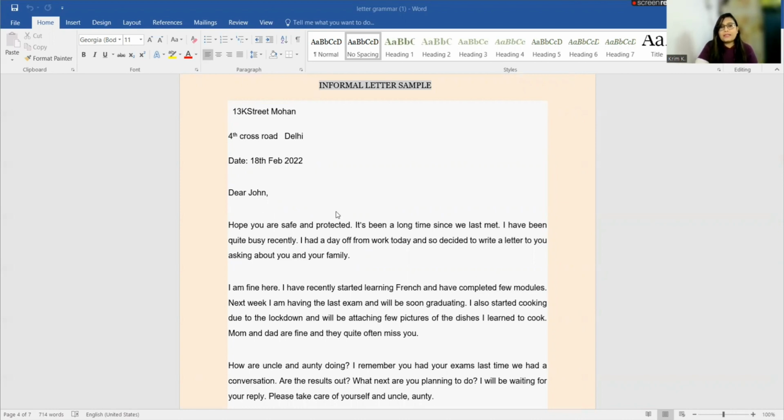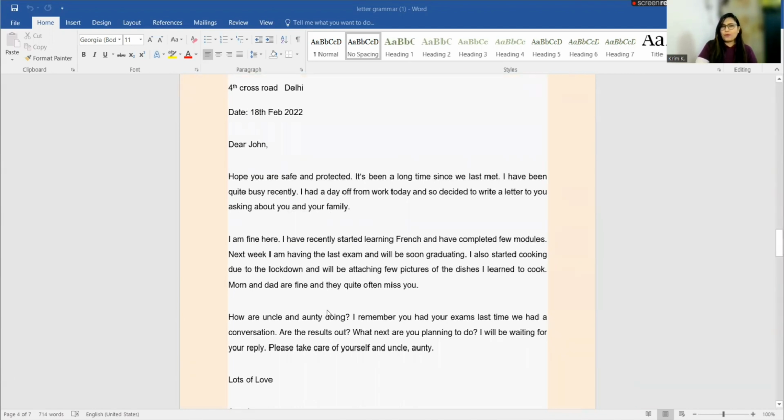And this is the paragraph. Hope you are safe and protected. It's been a long time since we last met. I have been quite busy recently. I had a day off from work today, so I decided to write a letter to you, asking about you and your family. I'm fine here.